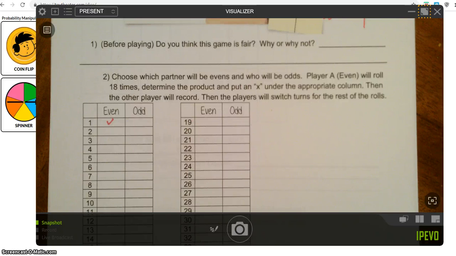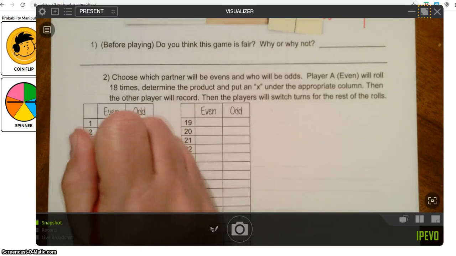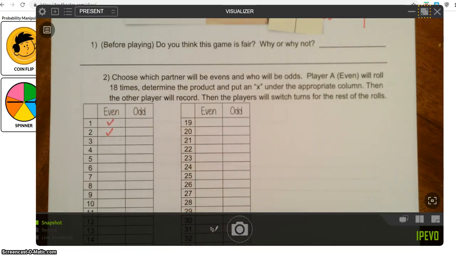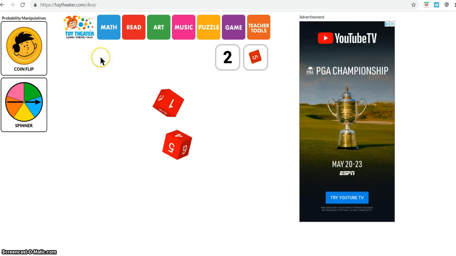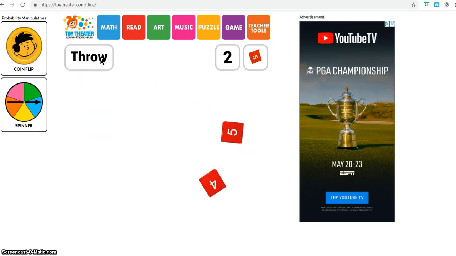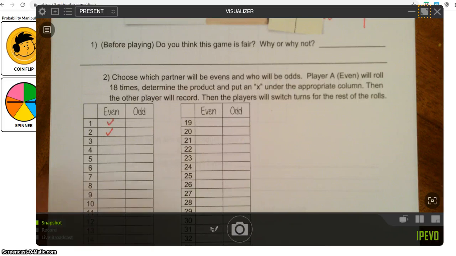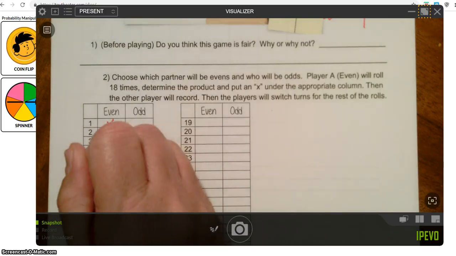That's an even number, okay? I'm going to do one more time. 5 times 4. 5 times 4 is 20, which is also even. So I just happened to get 3 evens in a row. Okay? So we'll see what happens when you roll your number cubes.